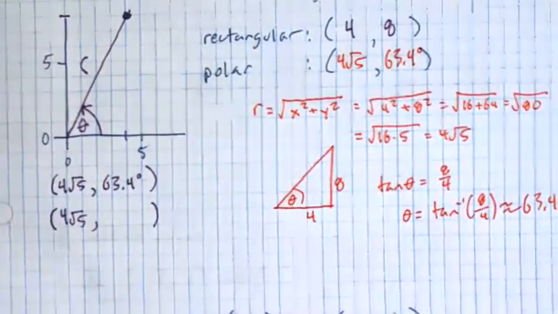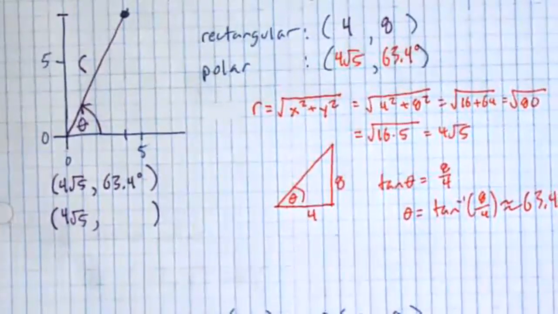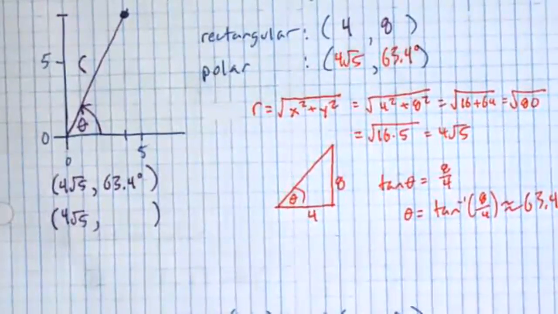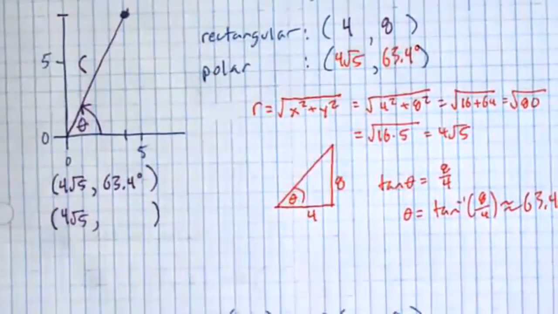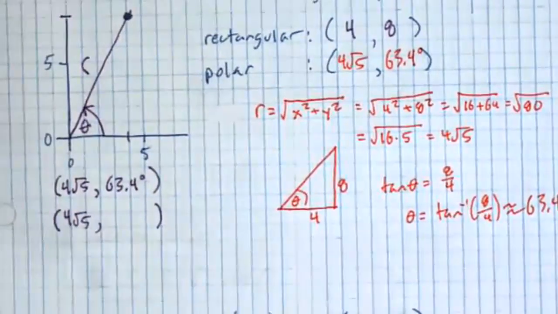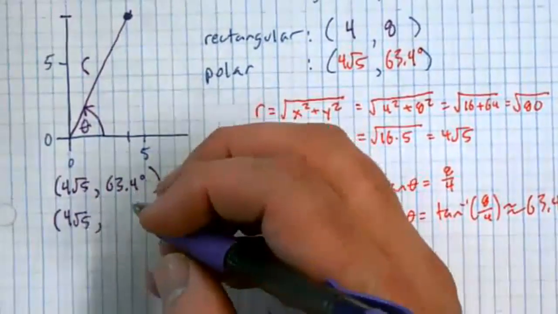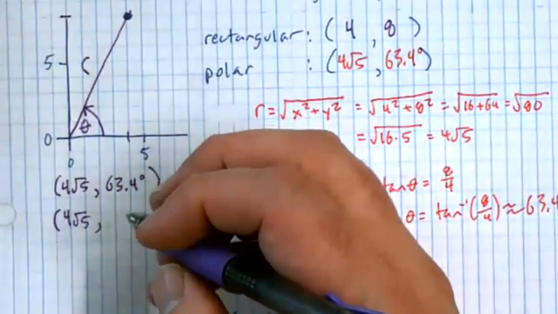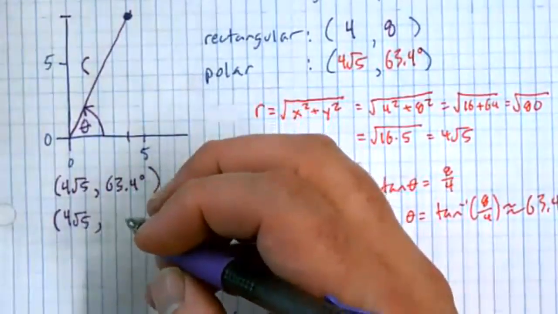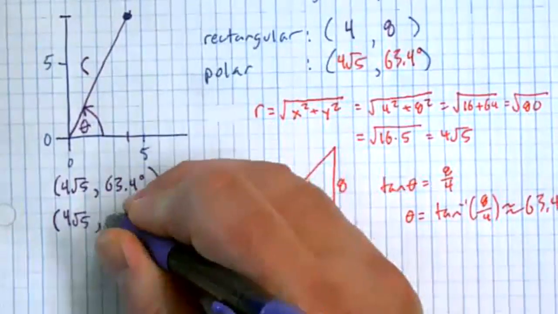We know that facing in the direction of 63.4, there's other angles that we could turn and still end up facing that same direction. Give me one other angle that you could face and be facing the exact same direction as somebody facing 63.4. 403.4, 423.4.